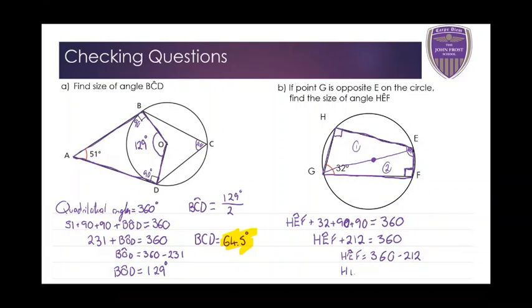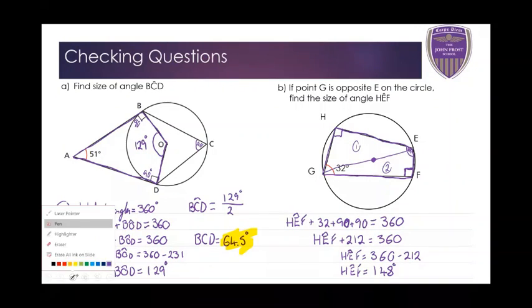That means that angle HEF is equal to 148 degrees. And that is your final answer. That is your final answer for the second checking question, 148 degrees.